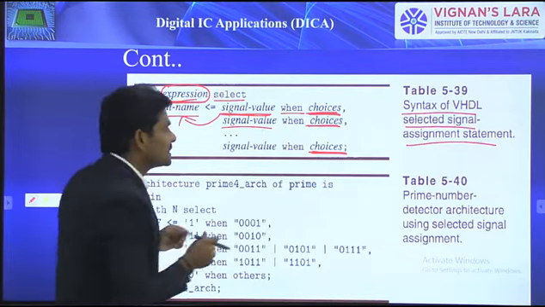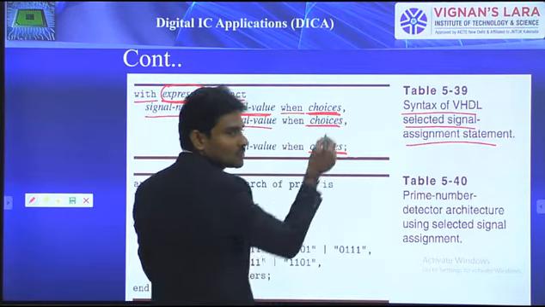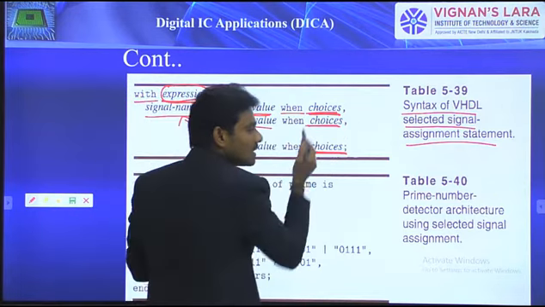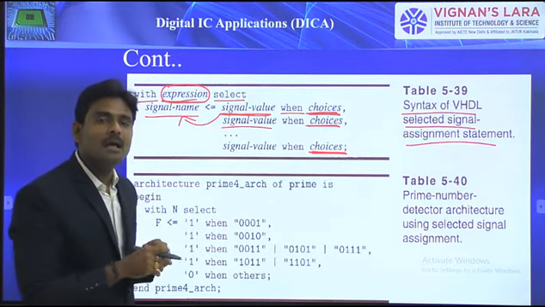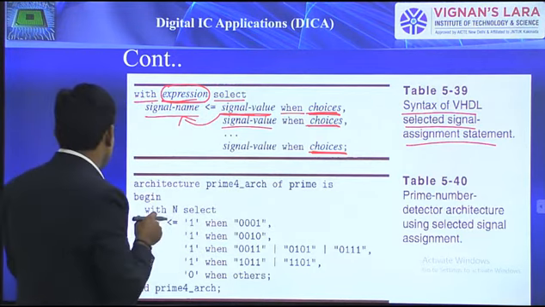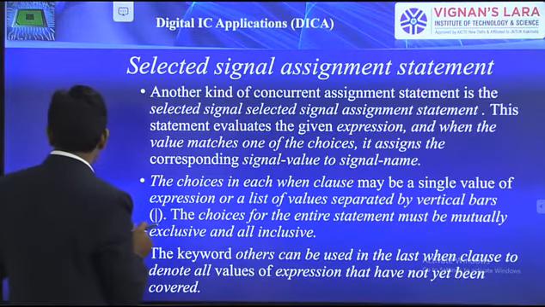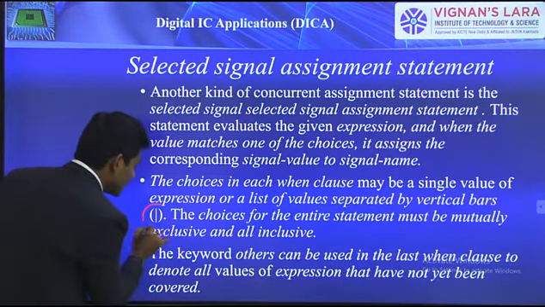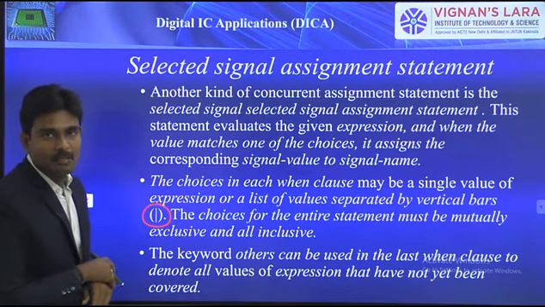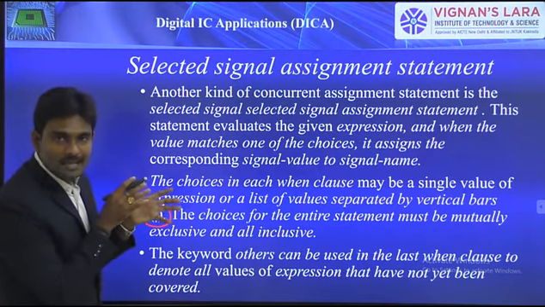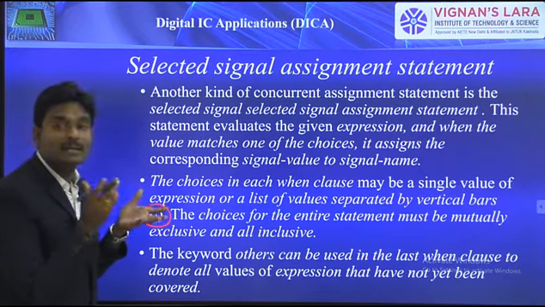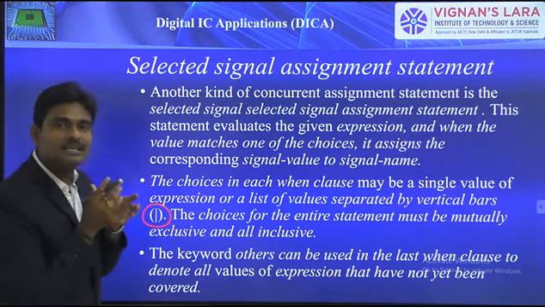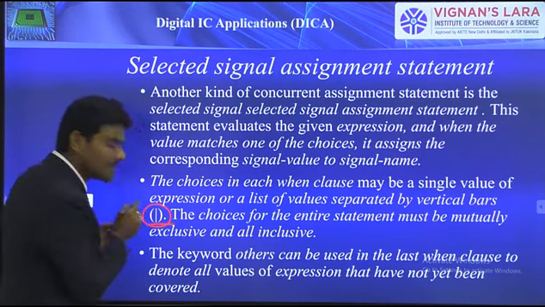Also, instead of mentioning each and every choice once, you can mention multiple choices in a single statement by putting an OR symbol in between them, which is a vertical bar. By using this vertical bar, you can mention single or multiple choices in a single statement by separating them.